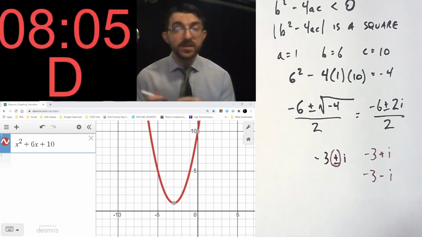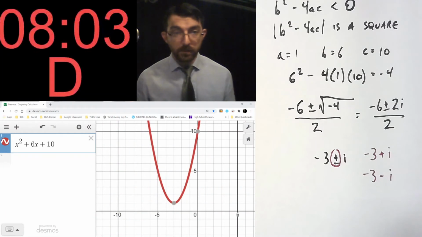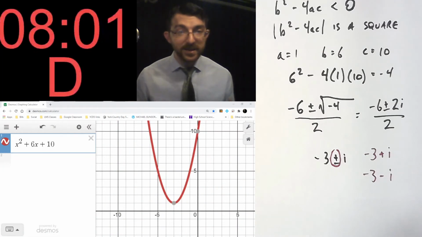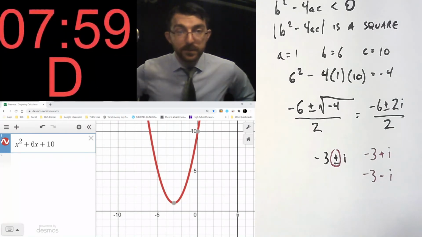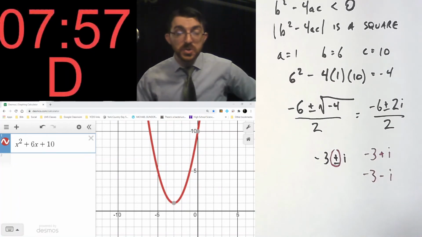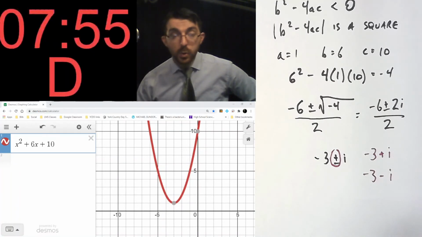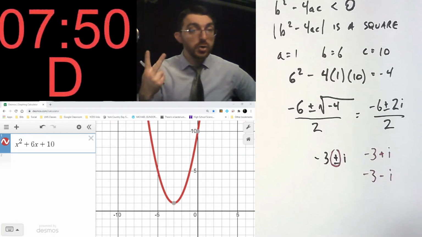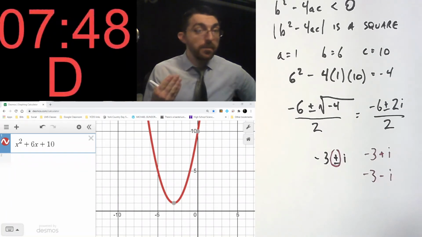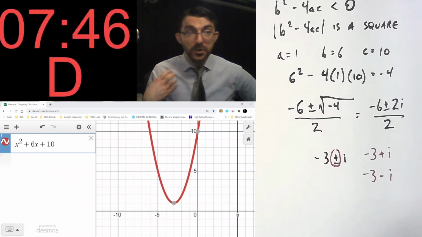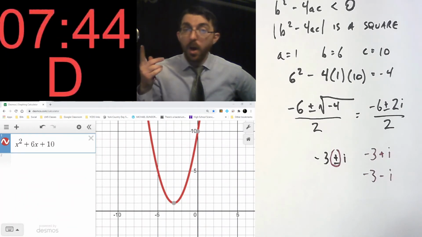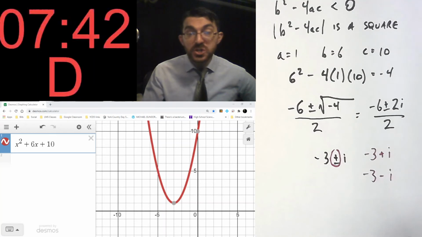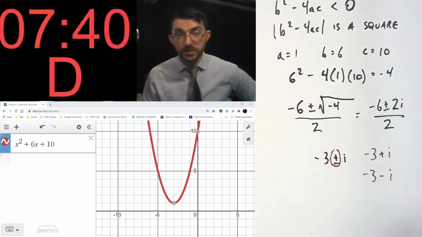So, anytime you are taking the quadratic formula to find the x-intercepts, or the solutions to a parabola, you could have 1 real number or 2 real numbers. Your 2 real numbers could both be rational, or they could both be irrational, or you could have 2 complex solutions.